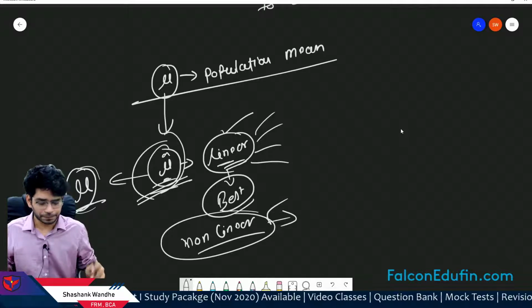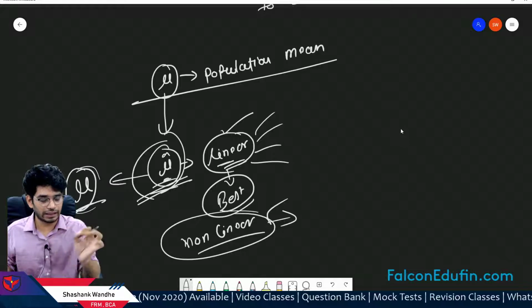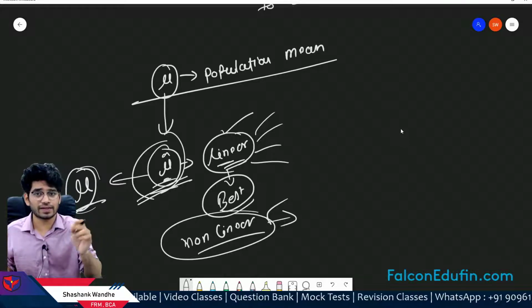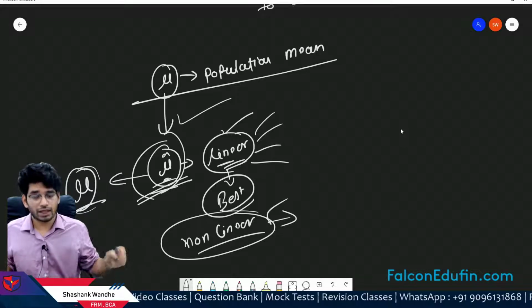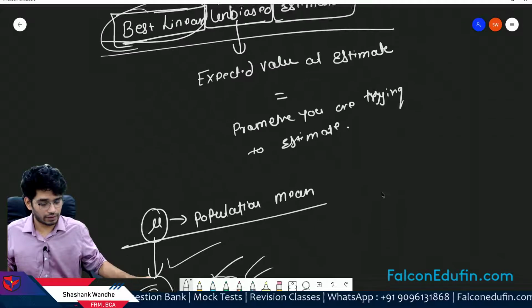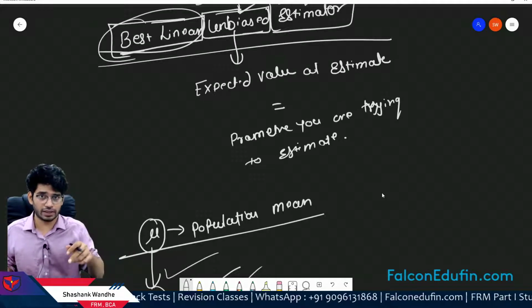Okay, so here your focus should be on understanding why we call it a best linear unbiased estimator. Best linear because among linear estimators this is the best. Then second, unbiased because the expected value of the estimate is equal to the parameter you are trying to estimate.